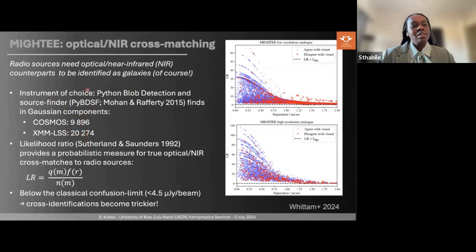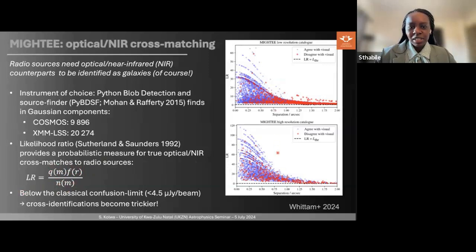So the trick then is to apply the likelihood ratio, the probabilistic measure that gives us our likelihood of finding a true optical near-infrared cross-match to our data, that's the radio image, and trying to maximize the likelihood ratio as quickly as possible based on the magnitude distribution of true counterparts, the distribution of radial offsets, and also the distribution of optical and infrared magnitudes for all the sources available.